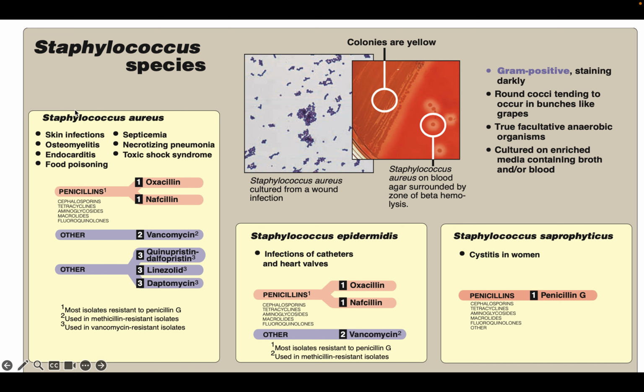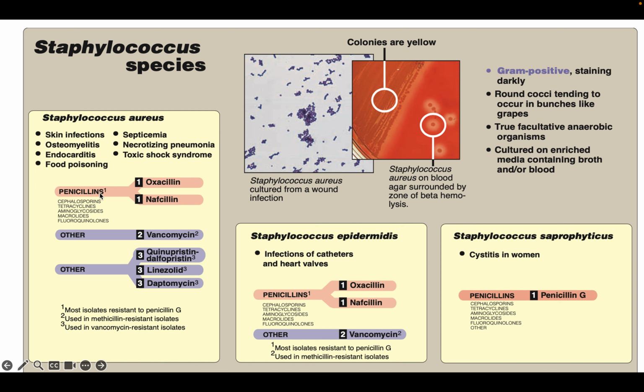Staphylococcus aureus causes all these infections we talked about, either from the intoxication itself, like food poisoning or toxic shock syndrome, or the scalded skin syndrome, or from the colonization itself, like the skin infections, furuncles, carbuncles, and folliculitis, or osteomyelitis, or endocarditis.